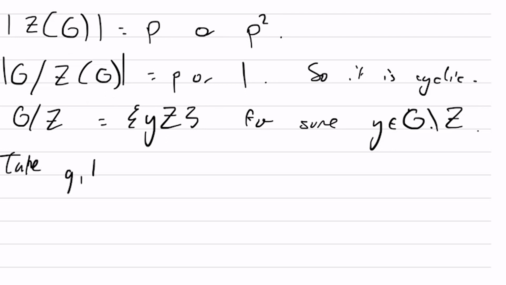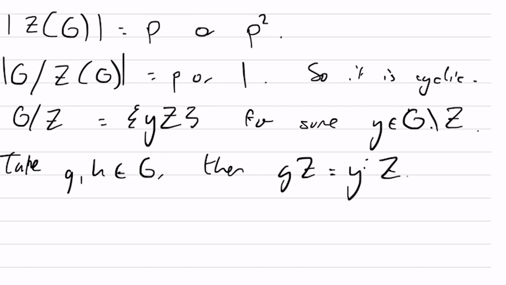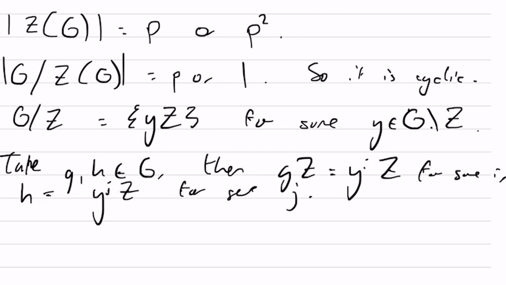Take g and h in G. Then gZ is y^i Z for some i, and similarly hZ is y^j Z for some j, because of the group being cyclic.